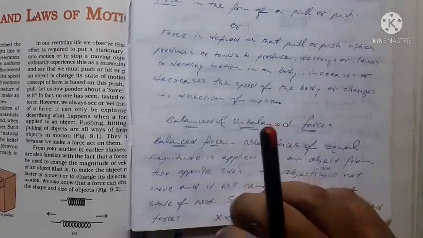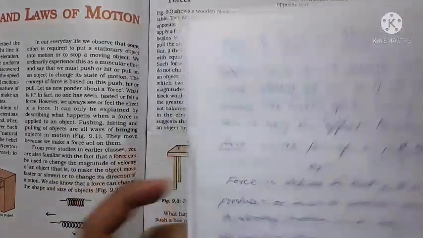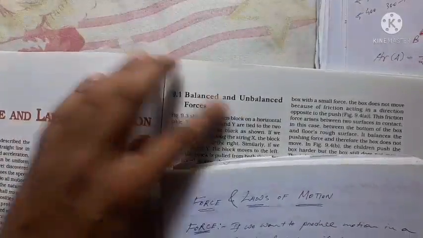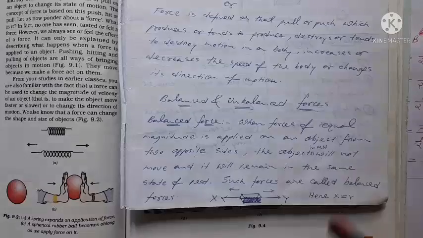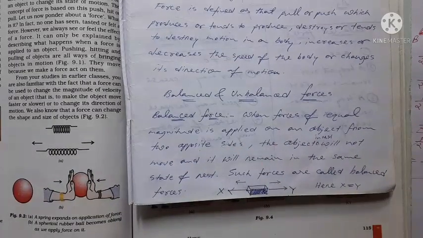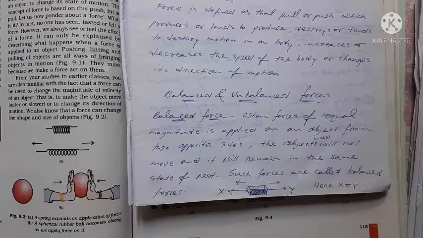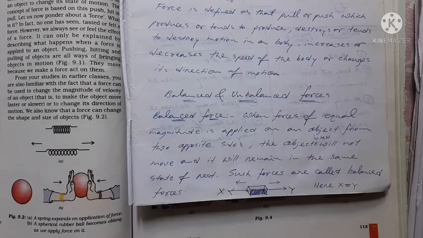Now let's move to balanced and unbalanced force. When forces of equal magnitude are applied on an object from two opposite sides, the object at rest will not move and will remain in the same state of rest.